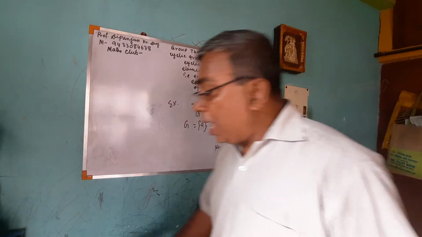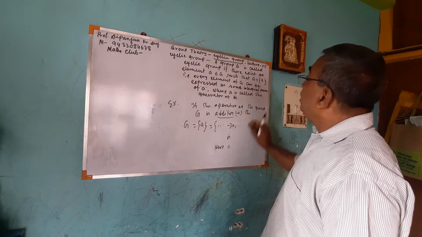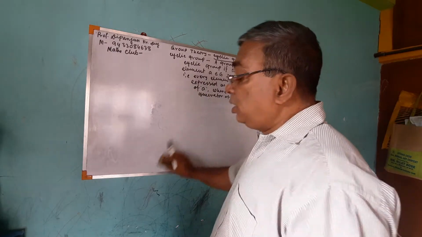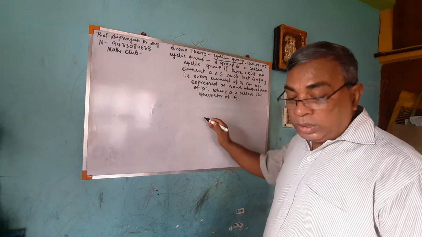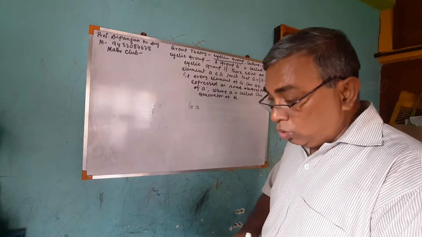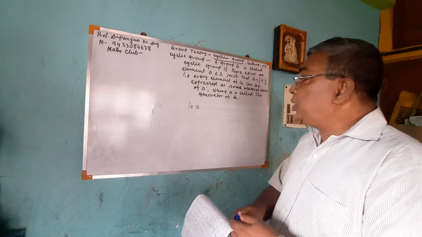So another example I am saying here in cyclic group, this is very important. Suppose G equal to the fourth root of unity.